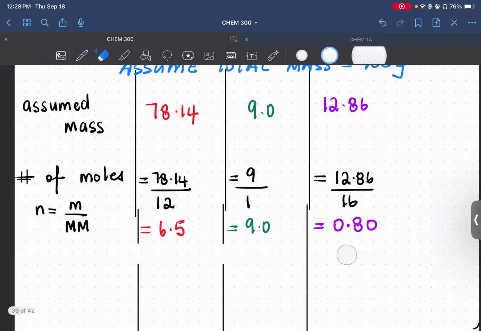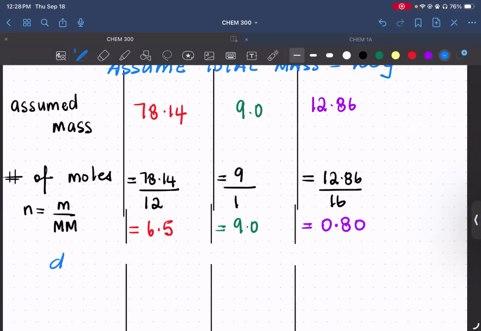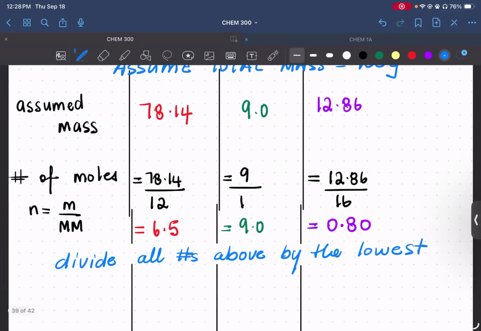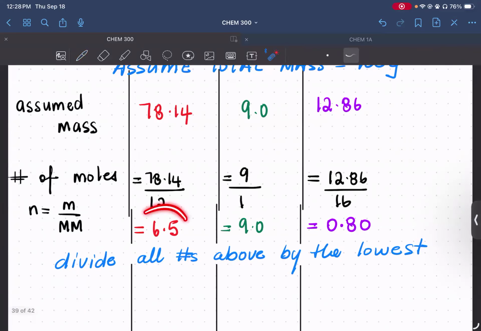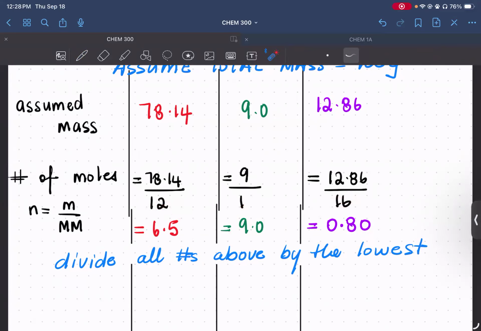And once we get the number of moles, we will then divide all numbers above by the lowest. So of the 3 numbers, 6.5, 9, and 0.8, the lowest one should be immediately jumping out to you. The 0.8.